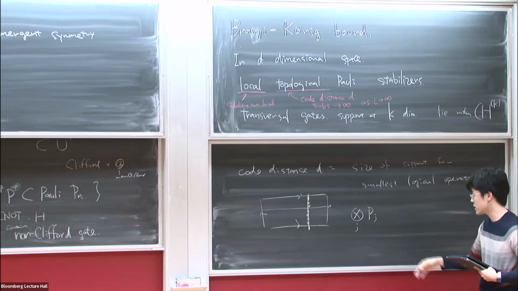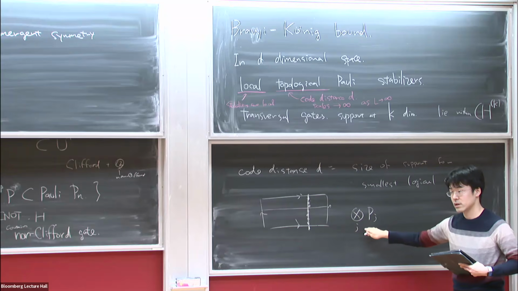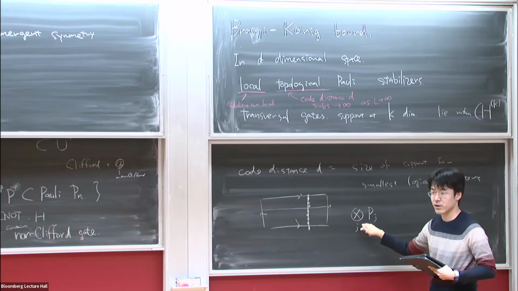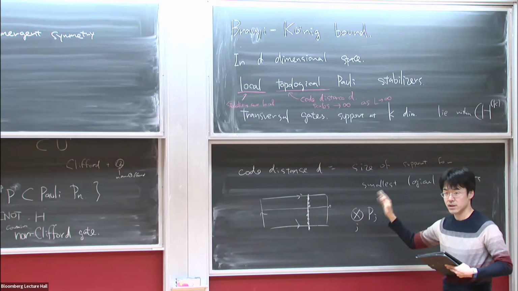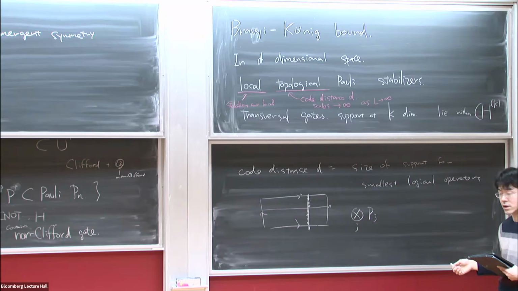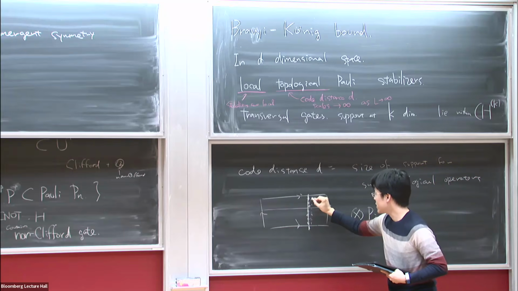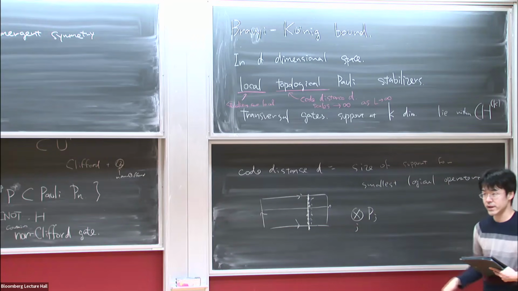This defines the shortest logical Pauli operator. Take the smallest logical Pauli operator and count the number of qubits supported on this operator. That's the co-distance. For instance, if you have 1, 2, 3 qubits in these lines, the co-distance is 10.